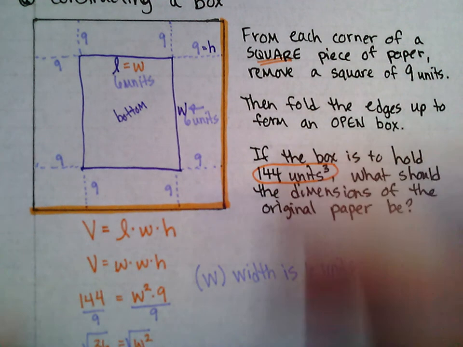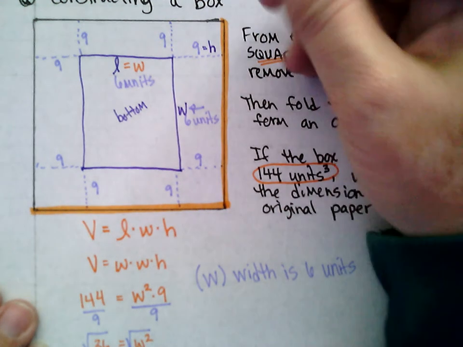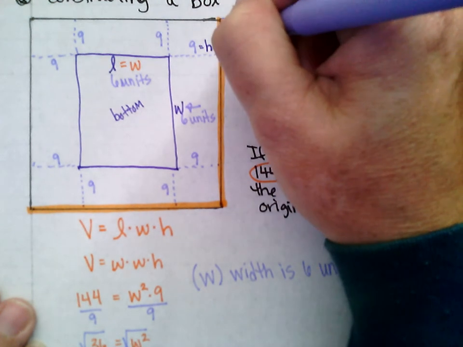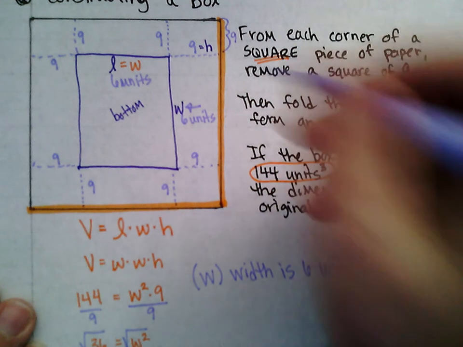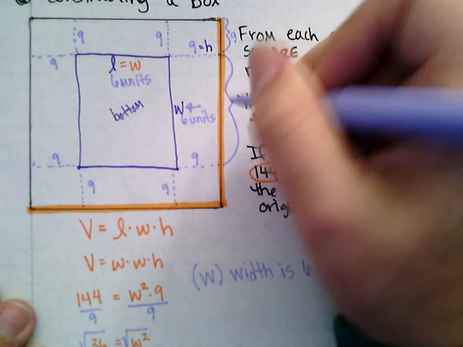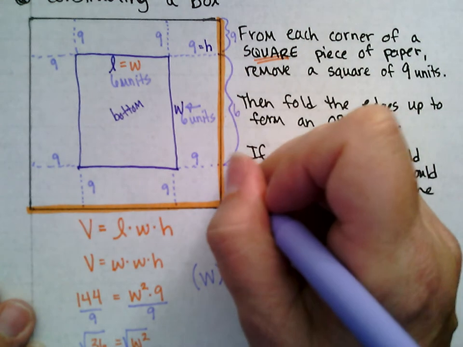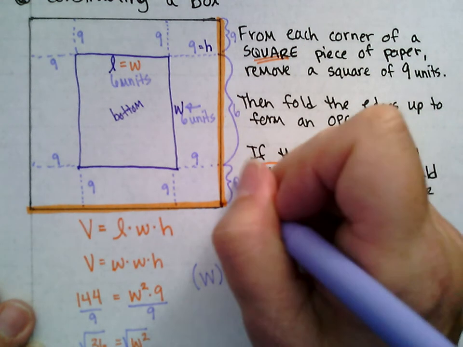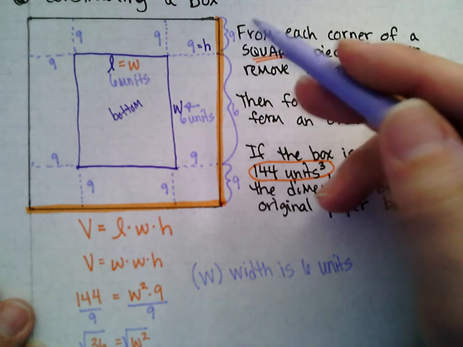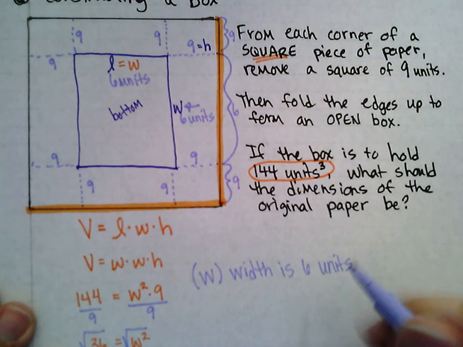So we have to figure out that this section right here is 9 units. This section right here, oh, my drawing is real bad, is 6 units. And this section right here is 9 units. So this whole side originally was 24 units.